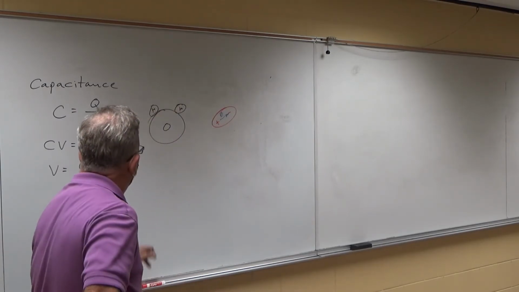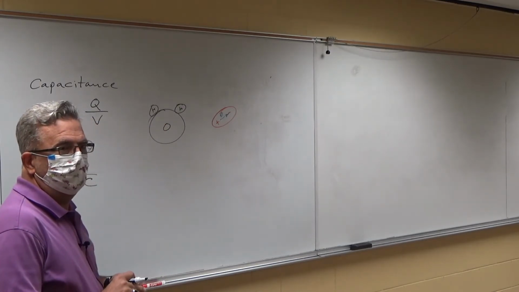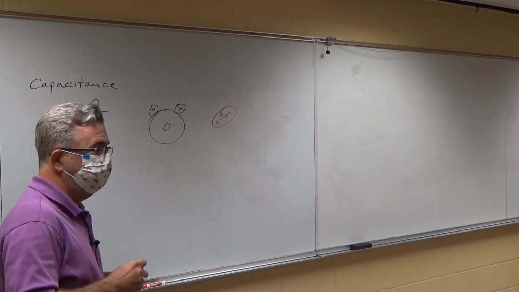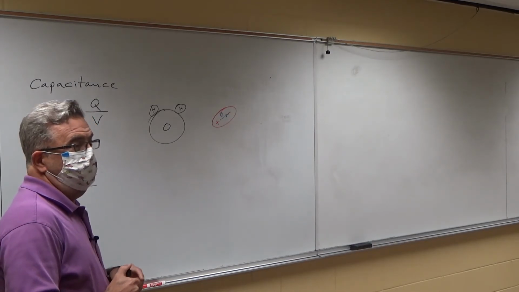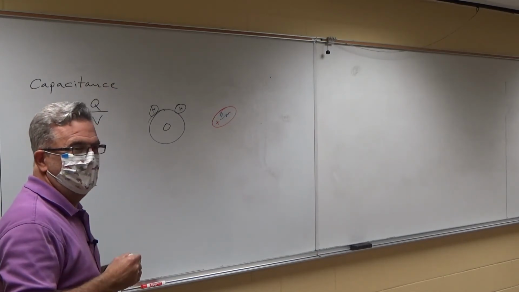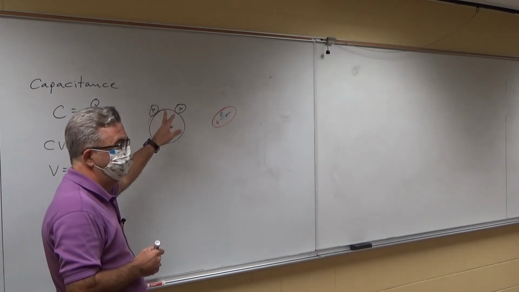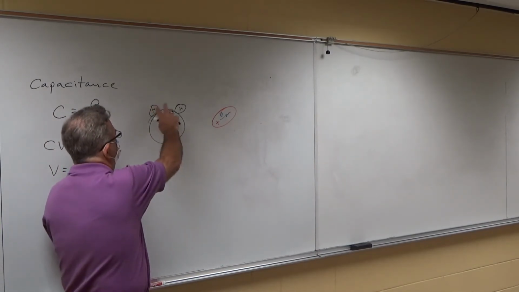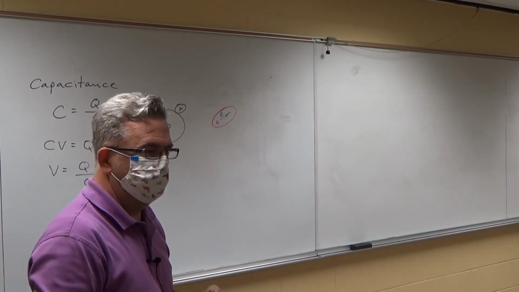What's the angle here? 105 degrees, something like that. Anyway, ask the chemist. Water has a little dipole moment, meaning there's a little separation of charge due to this structure.